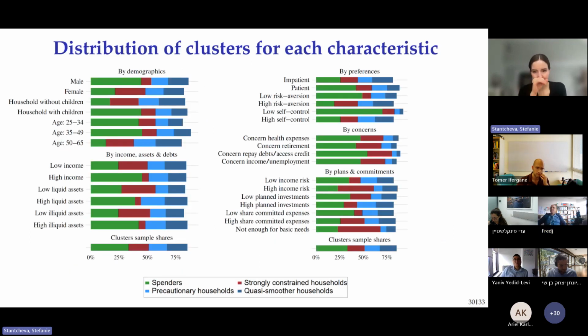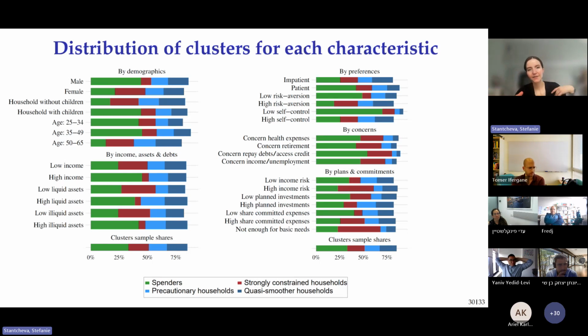Great question. I tried to skip this, but in the paper you can see the cut in two ways. One is by characteristic, so for instance, among male respondents, what share is going to be spenders, strongly constrained, precautionary, quasi-smoother.